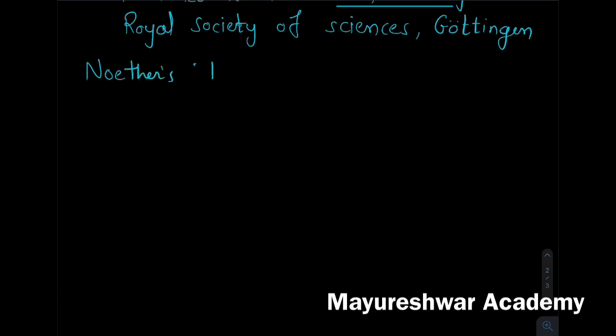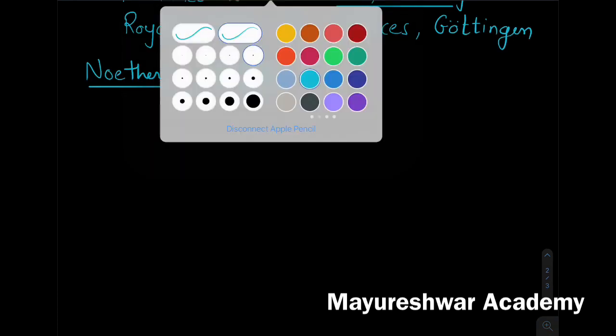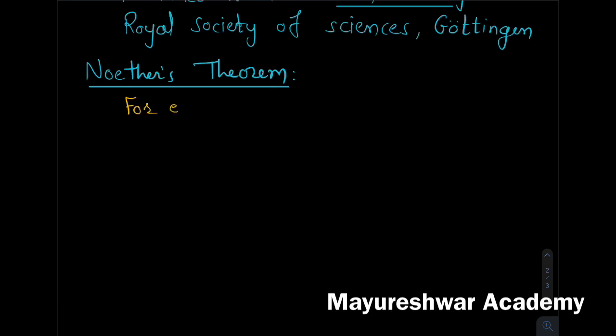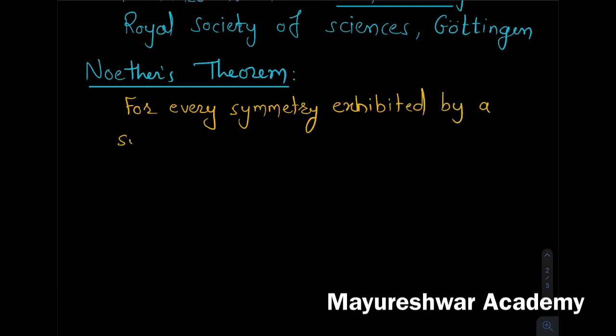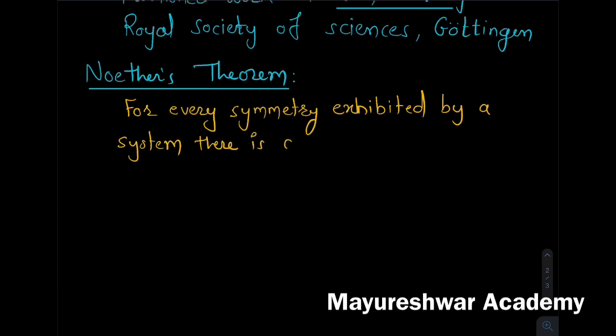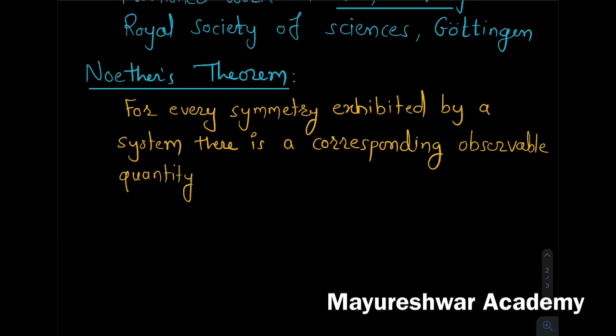According to Noether's theorem, which is popularly known, it states that for every symmetry exhibited by a system, there is a corresponding observable quantity that is conserved.